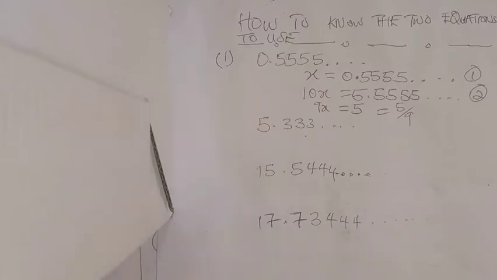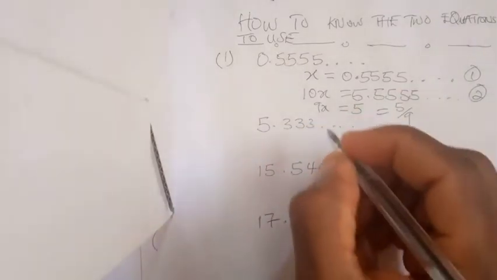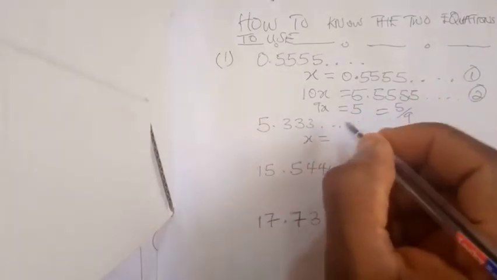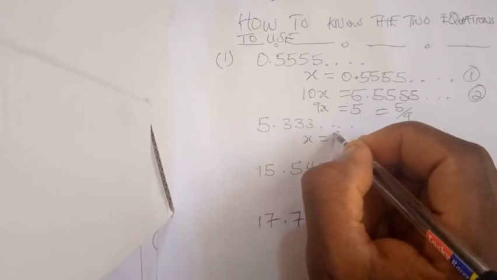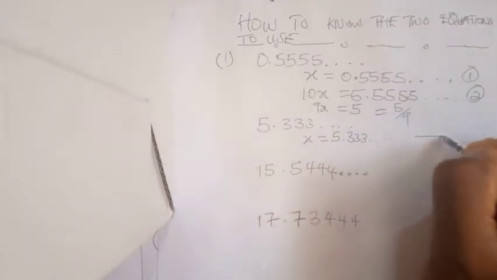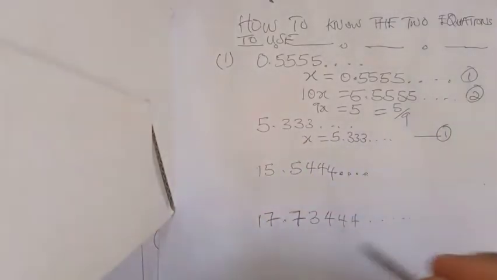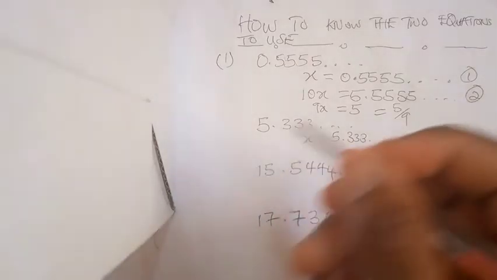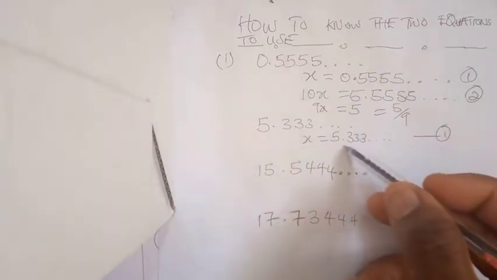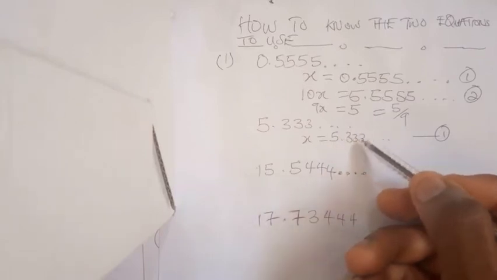Okay, so looking at the second one, what do we see? 5.333, and that's the first equation, x equals 5.333, and it keeps going. For the second equation, if you multiply this by 10, remember I told you it's multiples of 10, you have 10x, and the right hand side, multiplied by 10, moves the decimal point a step, which is 53.333.